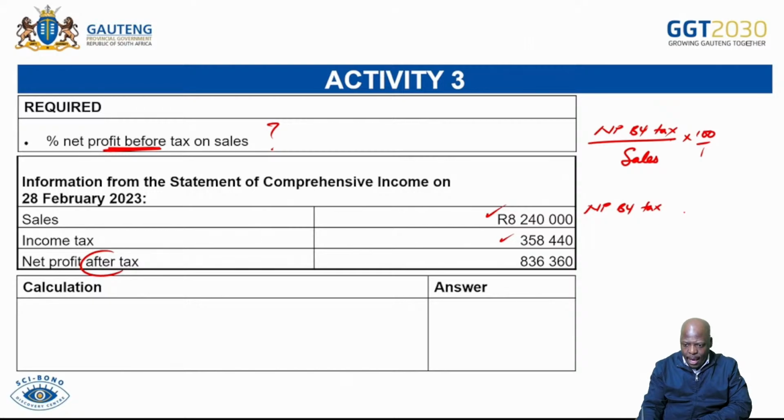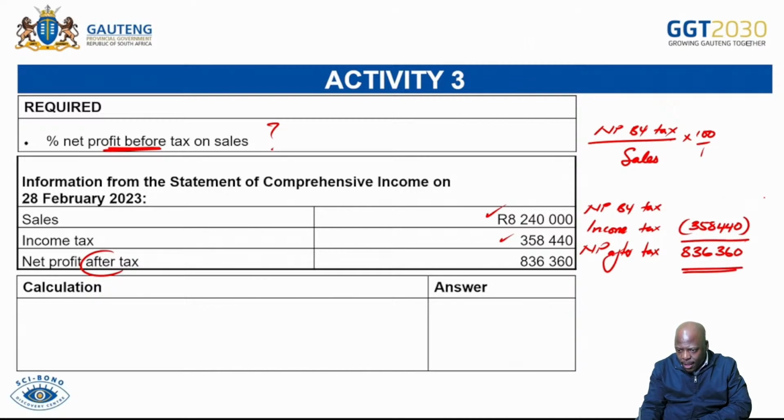Okay? And then you have income tax, which is subtracted. And that income tax is 358,440 subtracted. This is in the statement of comprehensive income. Then you end up with your net profit after tax, which in this case is going to be 836,360.